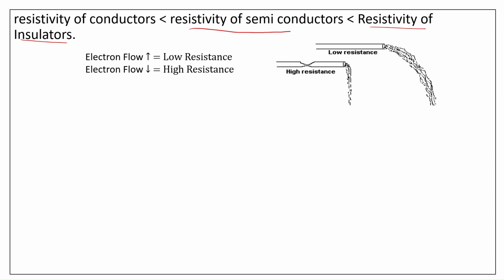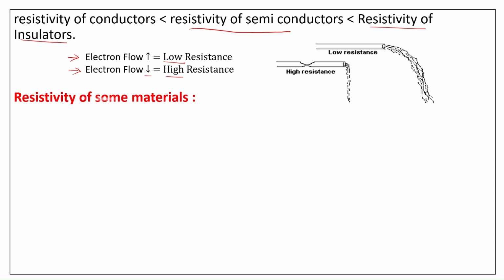Generally, we can say that if the flow of electrons is high in a wire, then it has low resistance, and if the flow of electrons is low in a wire, then it has high resistance. A list of resistivity of some materials is given below, just go through it.